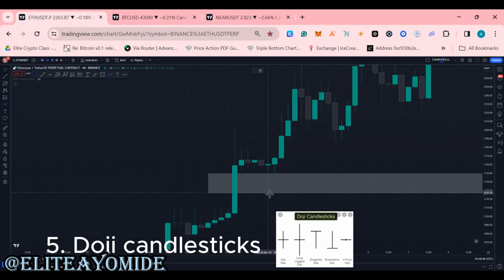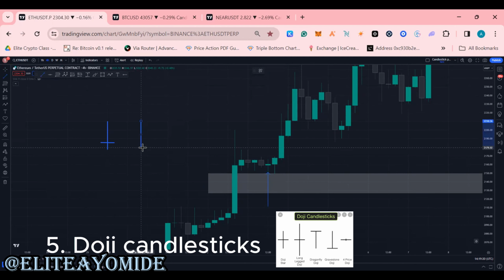Now, doji candlesticks are divided into two. We have the gravestone doji, or we have the dragonfly doji. You are going to see all these candlesticks in pictures in this video. So gravestone doji forms like this. Why dragonfly doji?